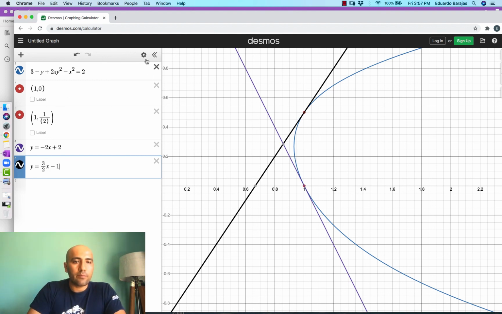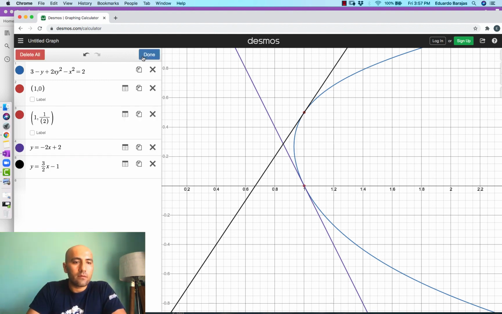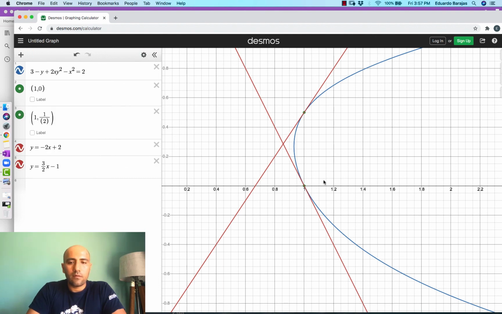There they are. Let me put them in red, and I guess I'll put the points in green. Okay, so there they are. Those are my 2 equations that are tangent at the points.